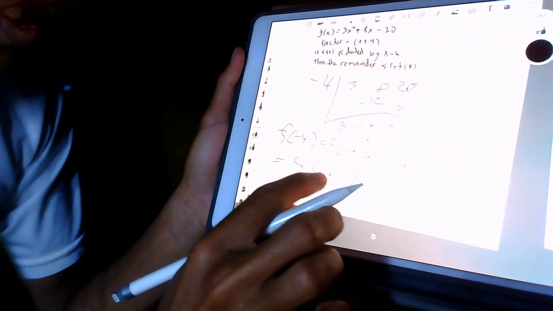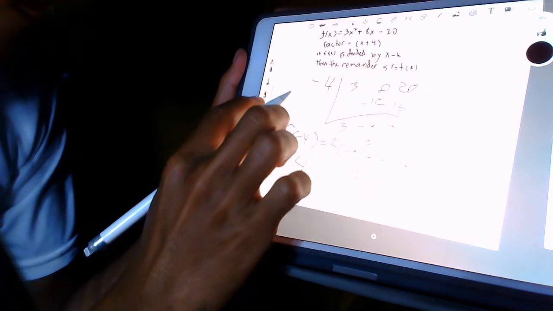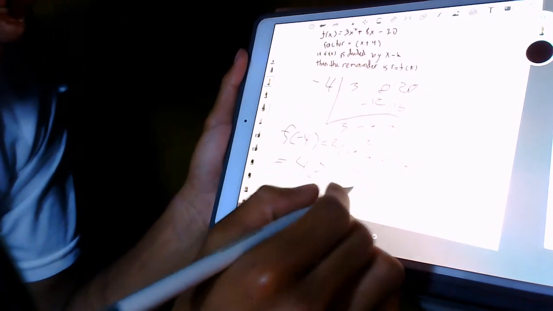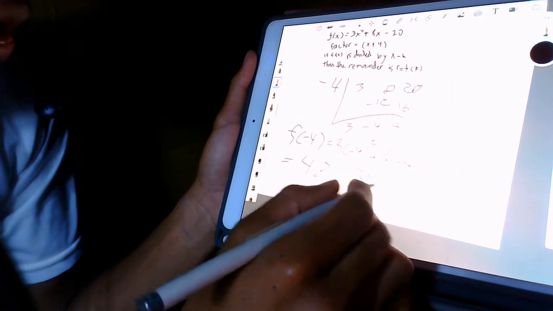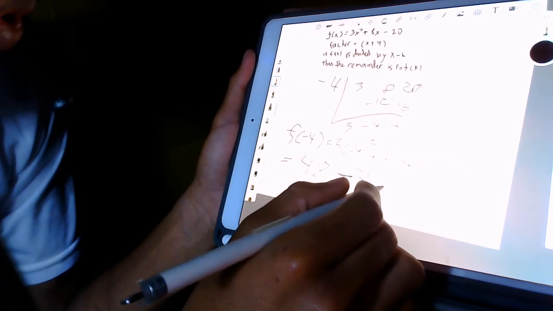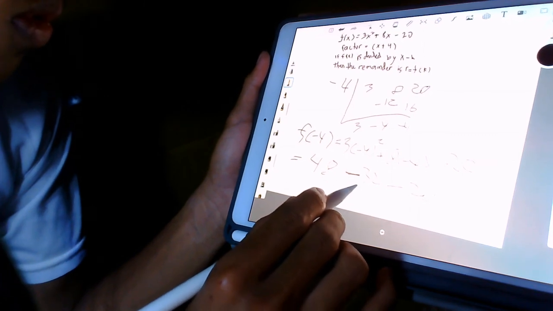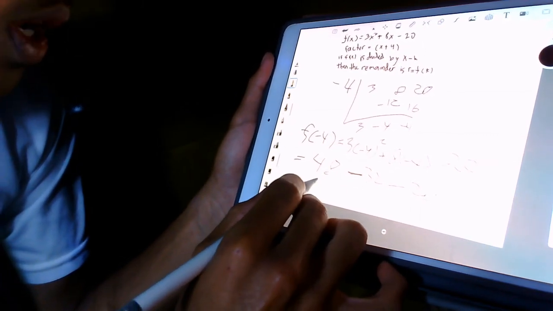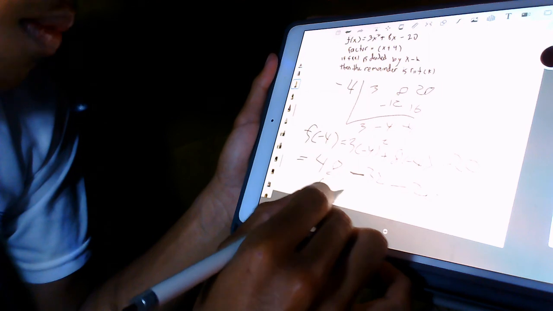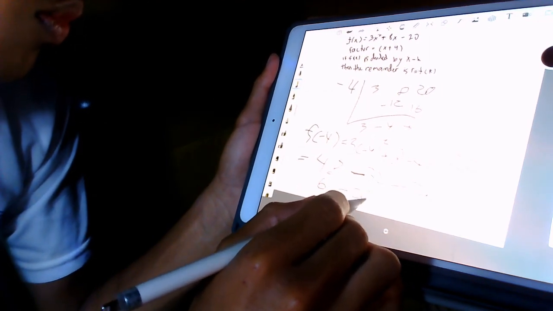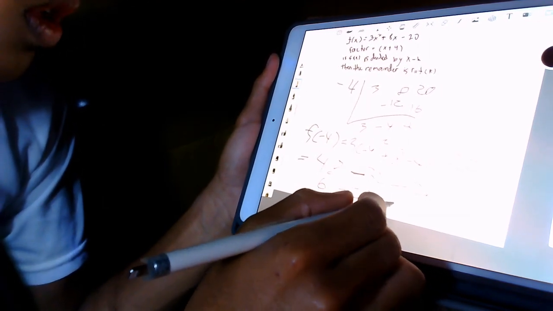Then negative 32 minus 20. So 48 minus 32 is 16, then 16 minus 20 is equal to negative 4.